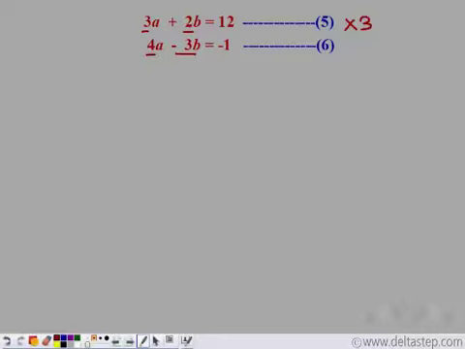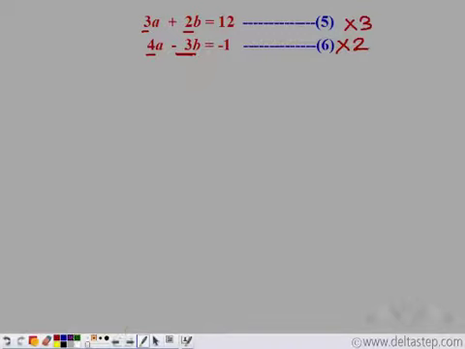What about this equation? What should we multiply it with in order to get 6 here? We should multiply this equation by 2. So let us multiply these two equations by 3 and 2 respectively.